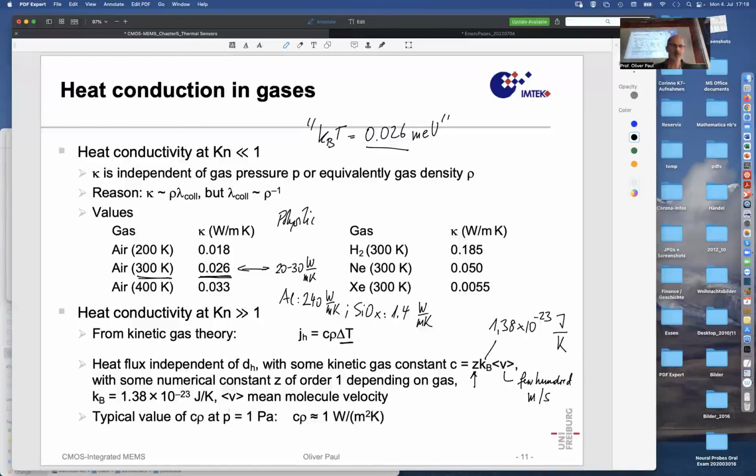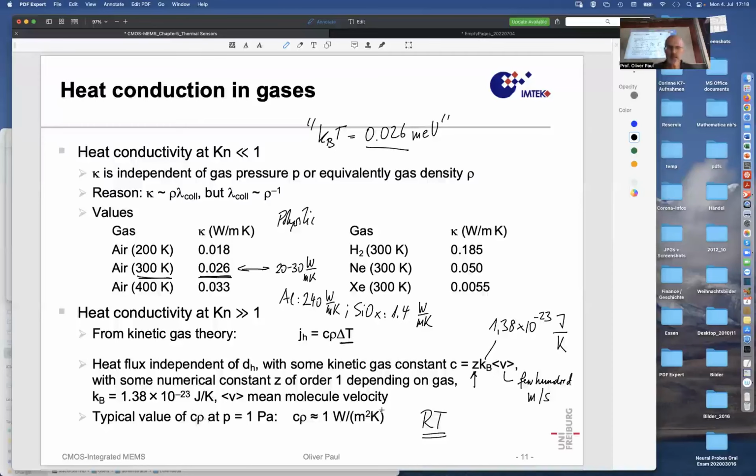So that's at room temperature, okay? I also need to add: if we had now only 1/10 the pressure, let's say 0.1 Pascal, then rho would be 1/10, and then of course the C times rho is only 0.1 watt per square meter per Kelvin.